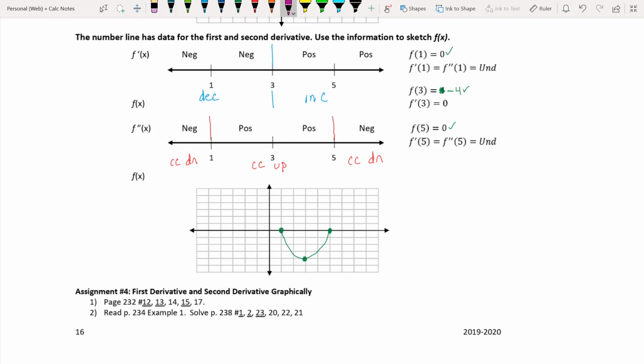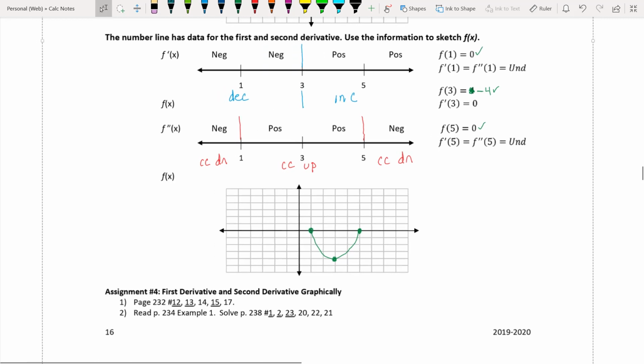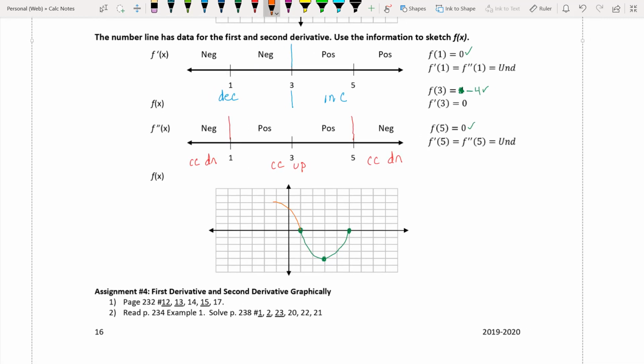And if you look at f prime of x, I'm decreasing from -infinity to 3, and I'm concave down from -infinity to 1. Now, normally if I were to draw this, I would draw a concave down from -infinity to 1 like this, but then the derivative at 1 would exist.